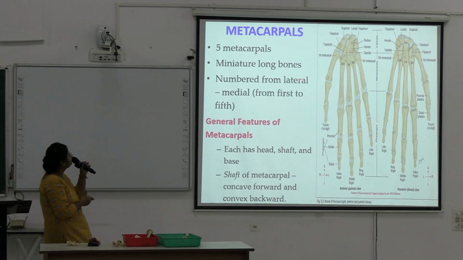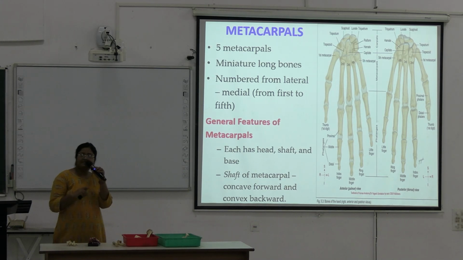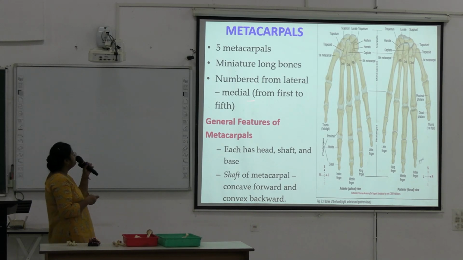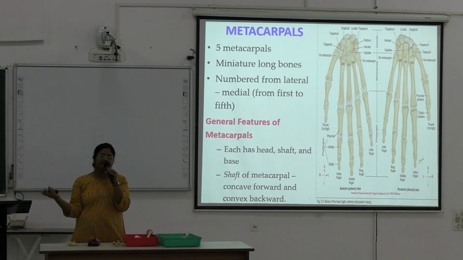The longest bone among the metacarpals is the second one. So, you remember like this. We have 5 metacarpals. These are miniature long bones numbered from lateral to medial. Okay, always number from the thumb in the hand.